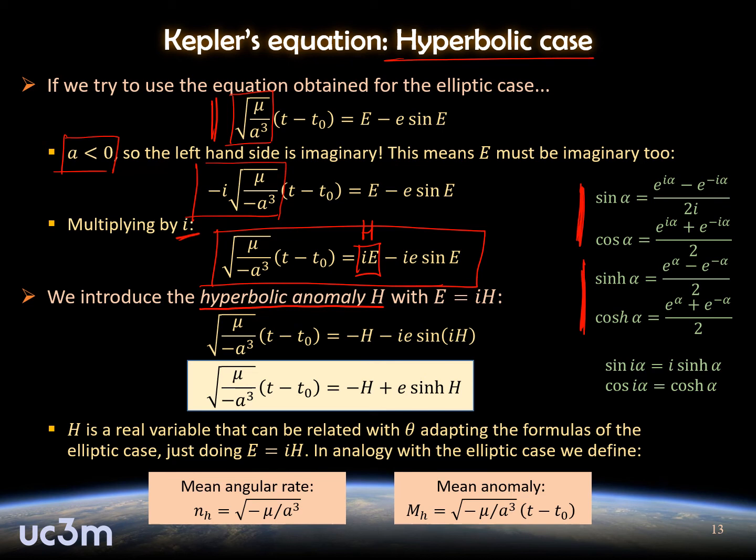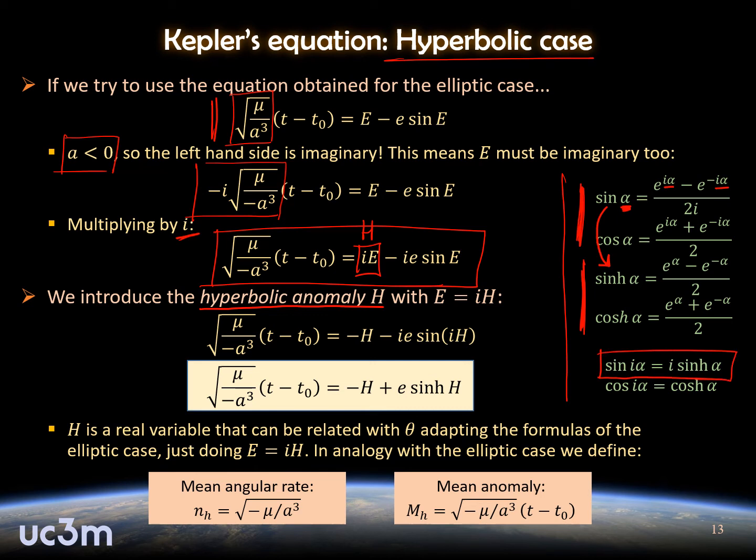Observe that, as you can see here on the right, in this reminder of the trigonometric and hyperbolic function formulas, if you have a sine and the value of the argument of the sine is an imaginary number, when you write it in terms of exponentials, the exponent in those exponentials is going to become a real number. So there will be a relation between the sine and the hyperbolic sine, and this is the relation that I have presented over here.